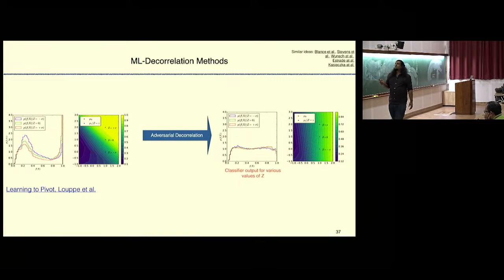Now after decorrelation, this adversarial training, the output of your classifier will look similar for all three data sets. And so the decision function really becomes like this. It's the same for different values of z, where z is your nuisance parameter. So what is a nuisance parameter? It's something like a jet energy scale or tau energy scale or any of your experimental uncertainties, continuous values.